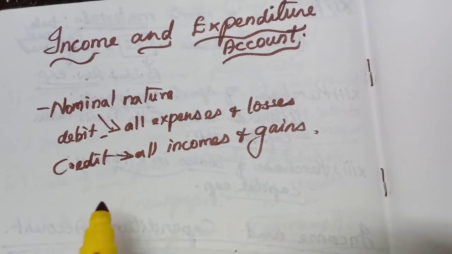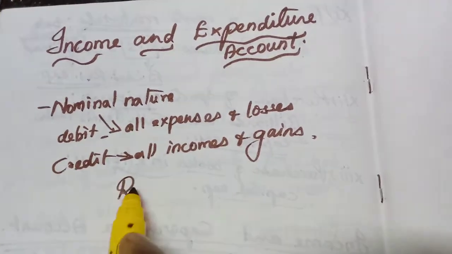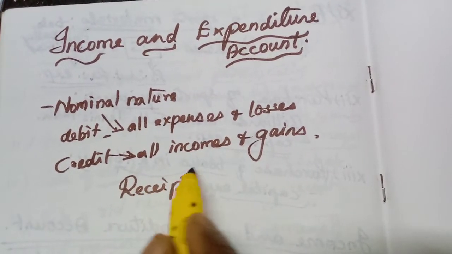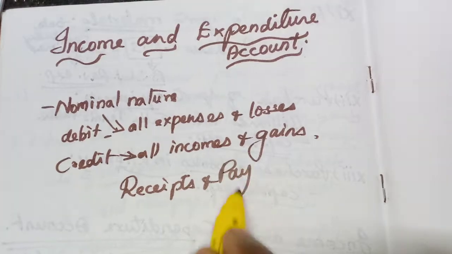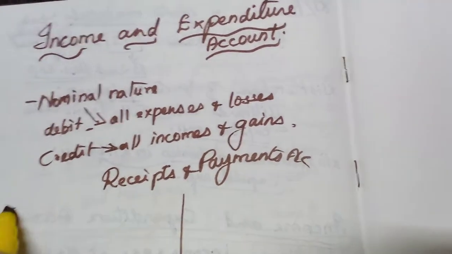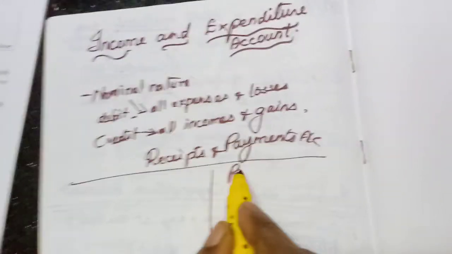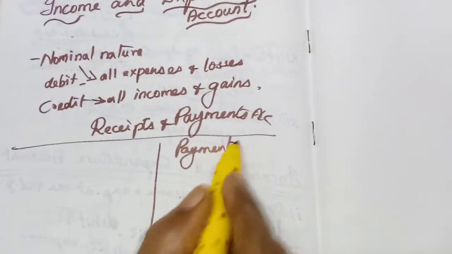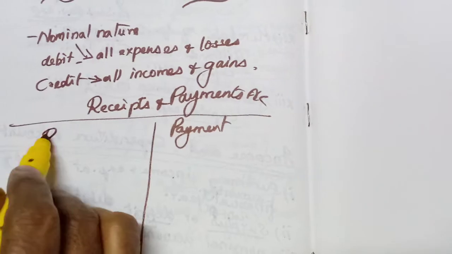So it is the opposite side. In the receipts and payments account, just let me show, here we write payments and here we write all the receipts.